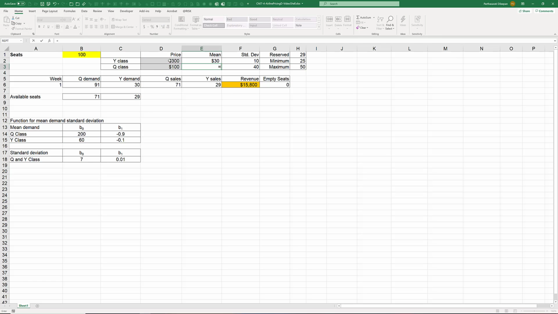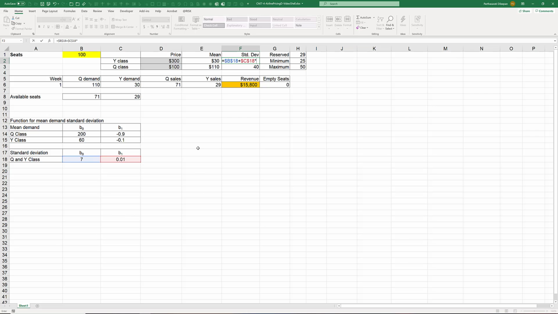Now here, B sub 0 plus B sub 1 times its price. The standard deviation is that. I'm going to make that an absolute reference because there is only one equation for both.